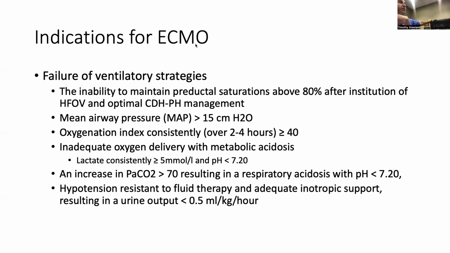Your mean airway pressure, especially if you flipped over to the oscillator, needs to be under 15. You can calculate an oxygen index. If it's consistently over 40 for 2 to 4 hours, you really should consider going on ECMO, because you're doing more harm to the lungs than good.